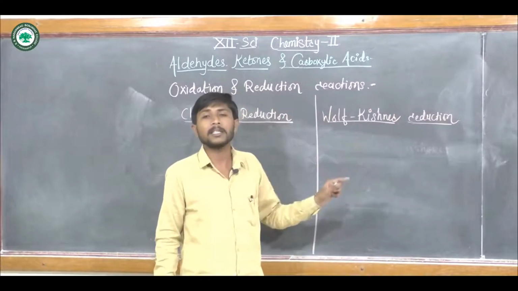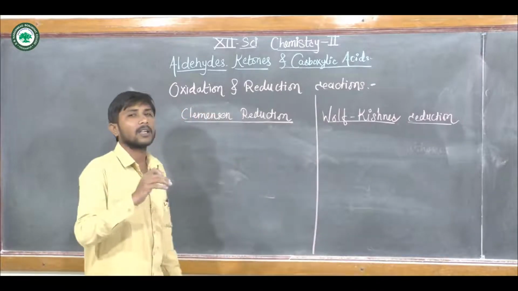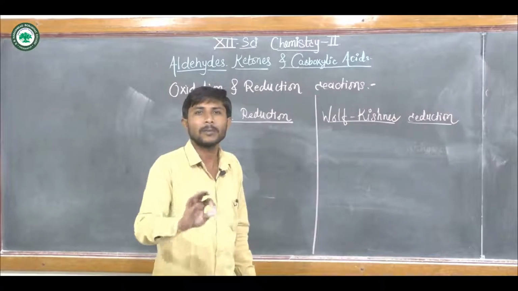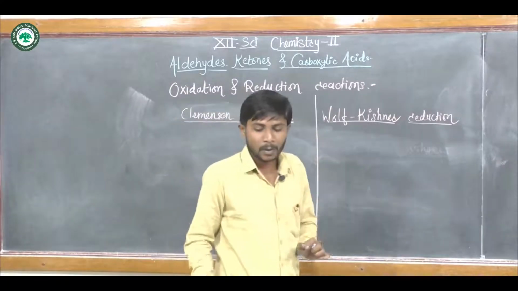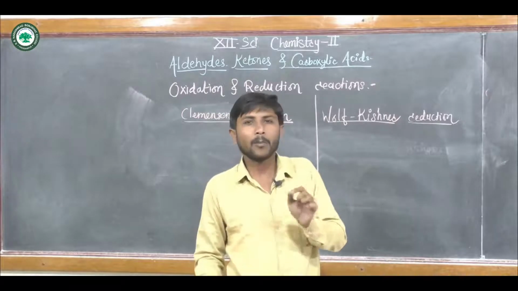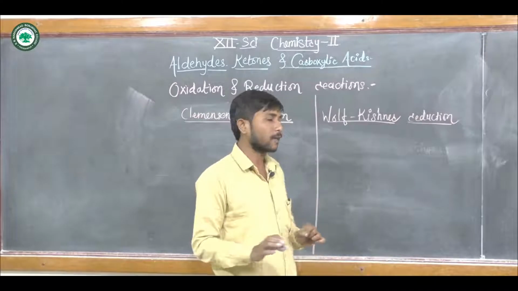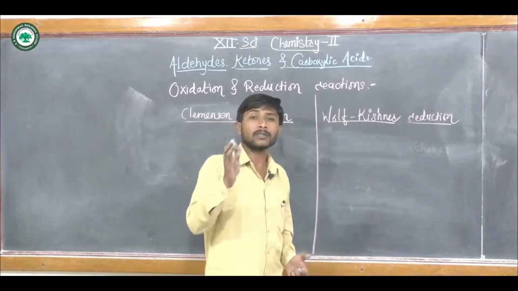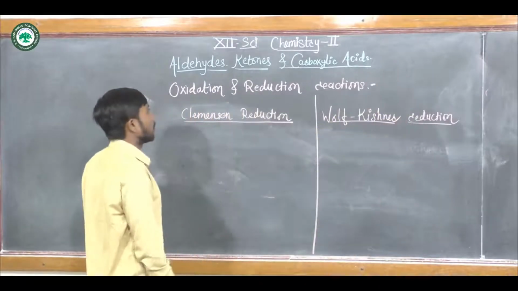The intermediate hydrazone is prepared, which on further treatment with alkali, sodium hydroxide or potassium hydroxide, with a strong boiling solvent like ethylene glycol, gets reduced to the corresponding methylene group.